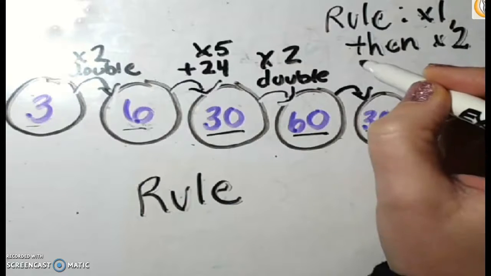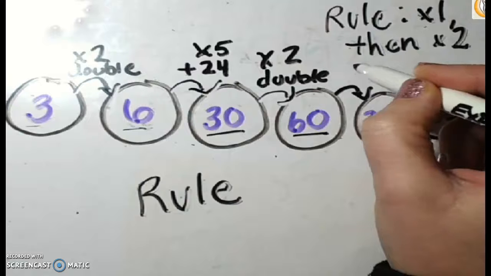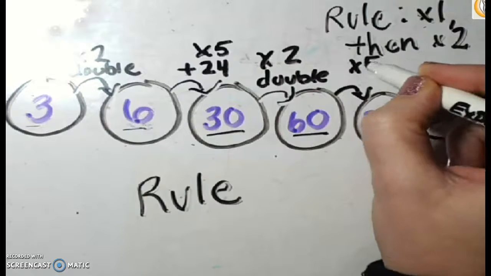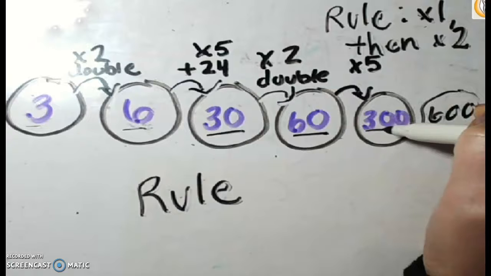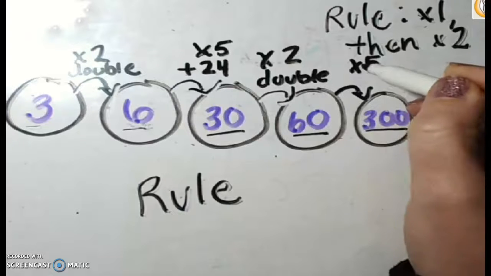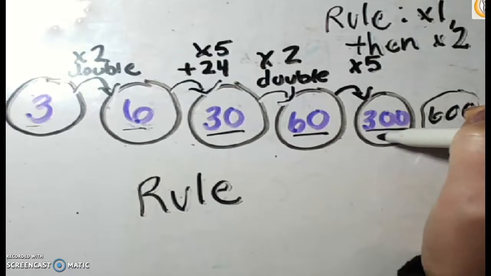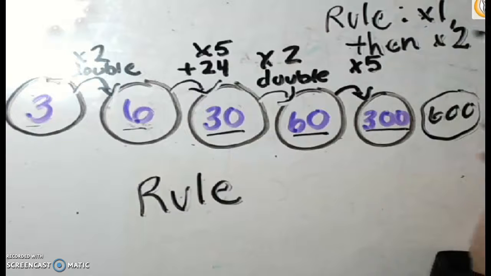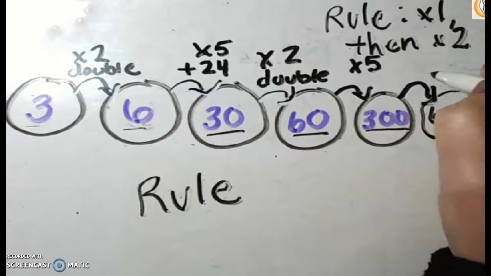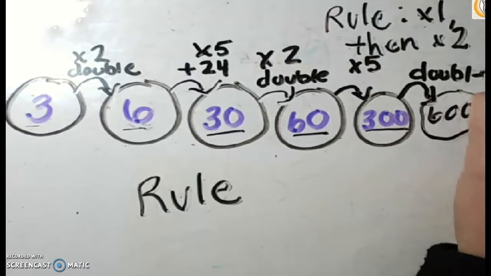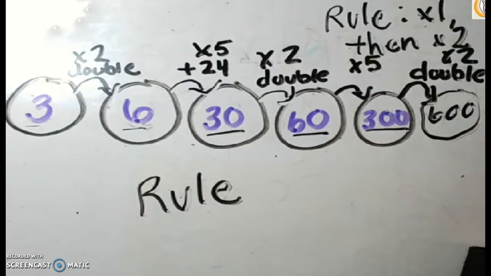Looks like I can multiply by 5 again. 60 plus 60 plus 60 plus 60 plus 60 equals 300. Or 60 times 5 equals 300. All right, and then to go from 300 to 600, again, I'm doubling. And whenever we double something, it's the same as multiplying something by 2.